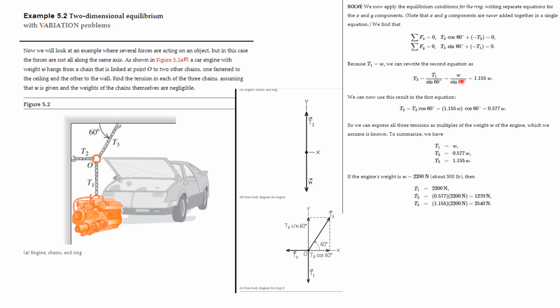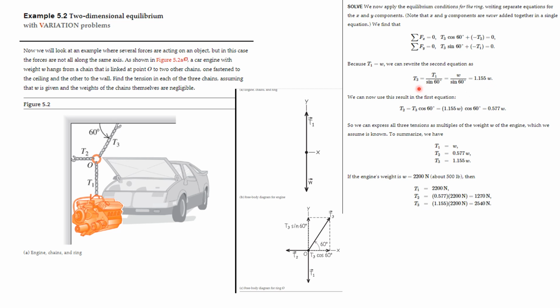We know that W was given in the problem somewhere. Or excuse me, I guess the weight is not given yet. The weight is given later. The weight is 2200 newtons. That's 500 pounds. So that's given down here. So anyway, we have 1 over the sine of 60 is 1.115 W.